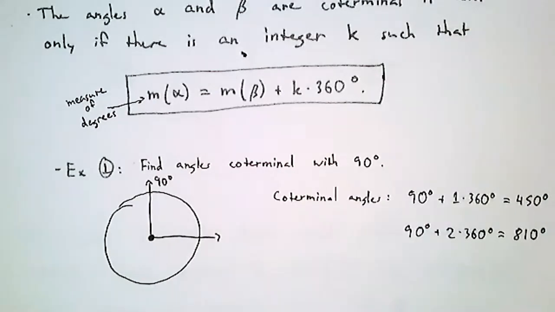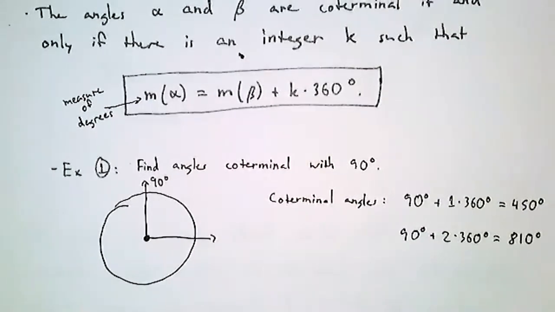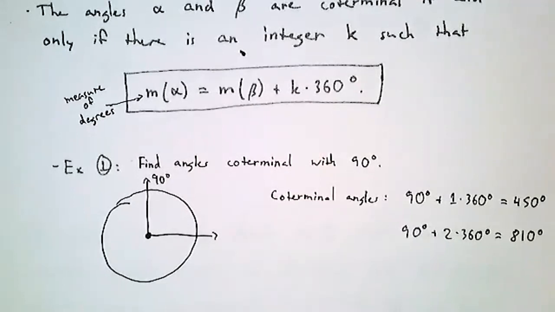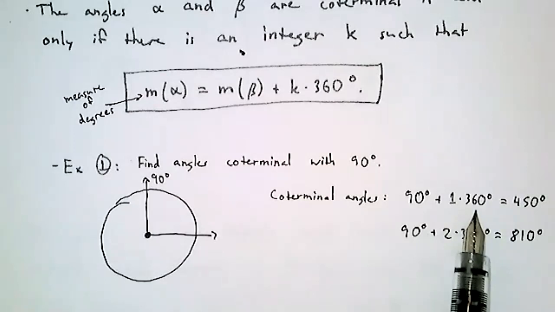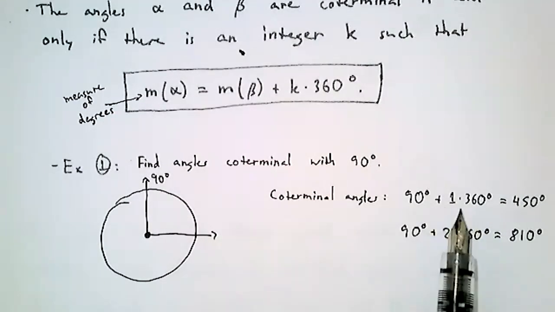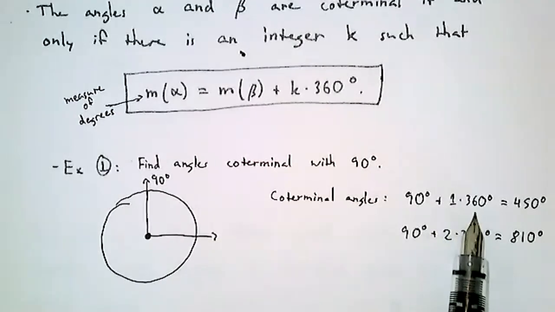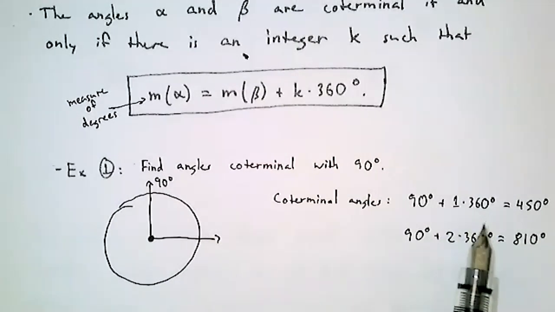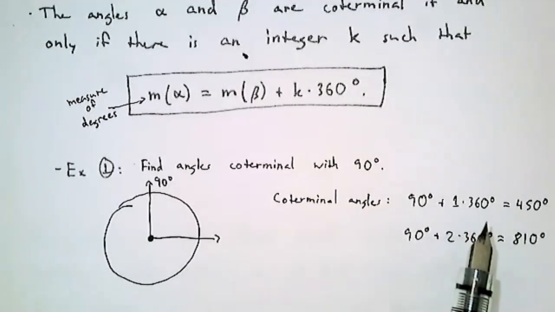Okay, so what do those numbers mean? At the moment, maybe it doesn't seem like much, but what's happening here is this. We have 360 degrees in our little formula here. And you might remember from a few minutes ago that the whole circle is 360 degrees. That's the whole thing.